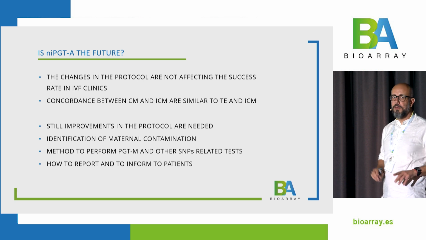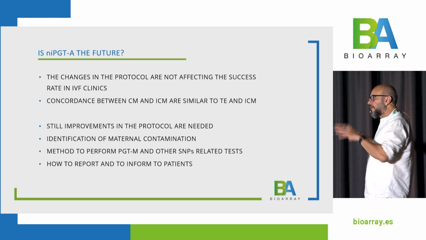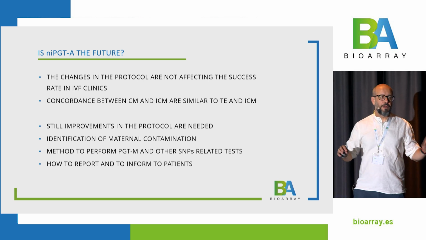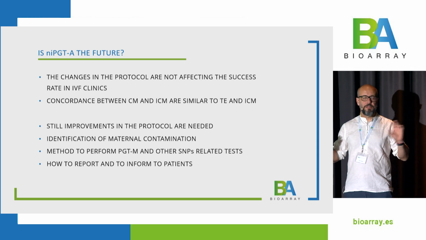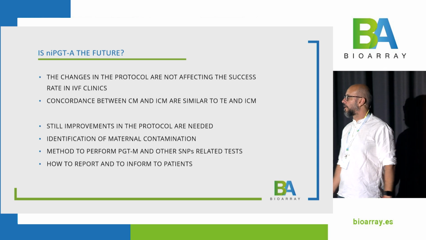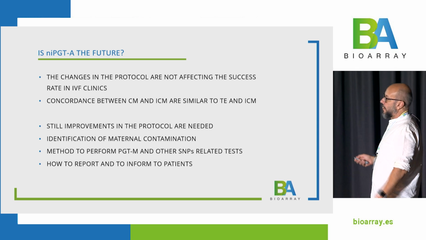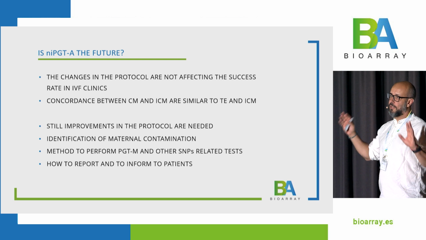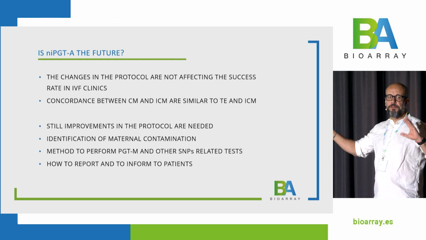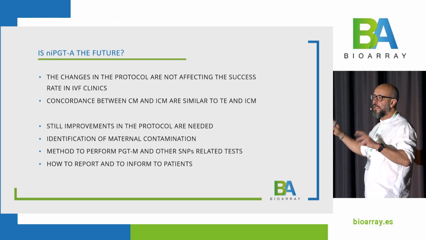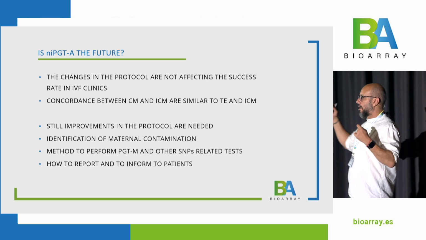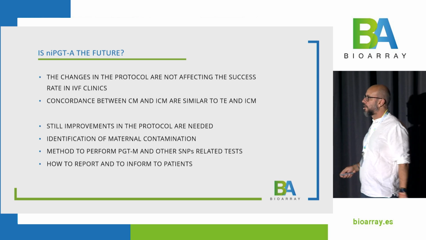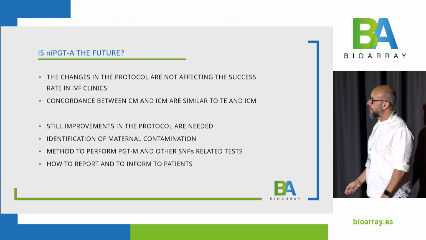So that means that probably if things are done correctly, the trophectoderm biopsy represents the embryo as well as the culture media. But again, some improvements in the protocol are still needed because we don't have 100% concordance, especially when we look at the sex chromosomes concordance. We need to have 100% there, so there is still some room for improvement.